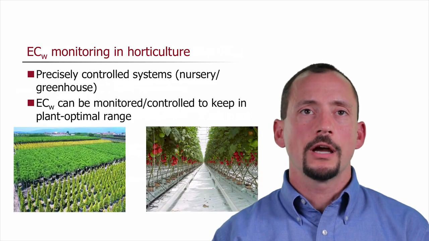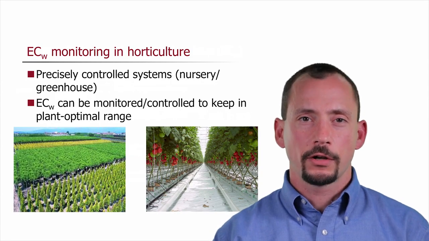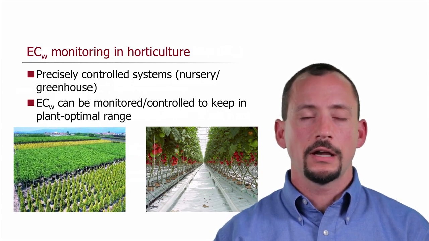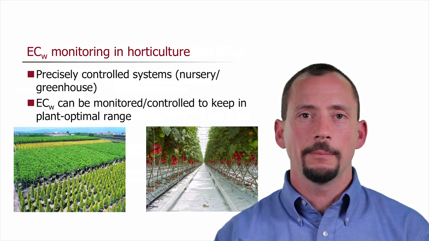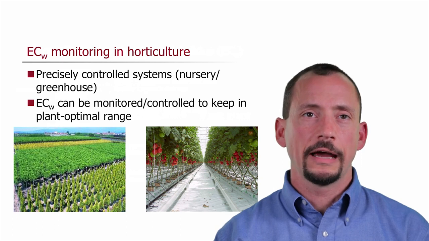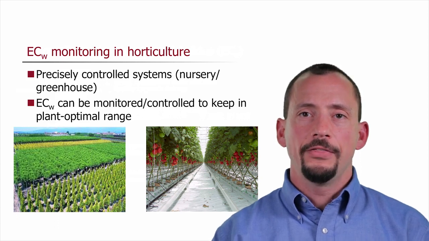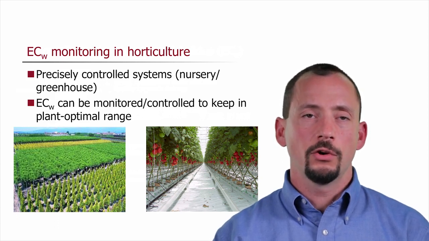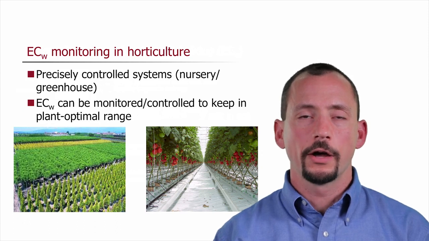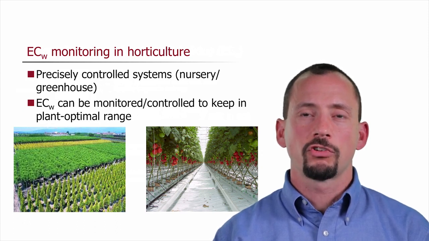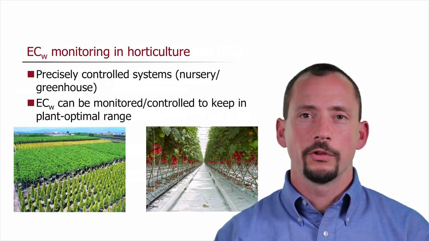It is also pretty common in the horticulture industry and the high dollar cropping and intensively managed cropping systems, for instance, nurseries and greenhouses, to measure the soil water EC, or in this case, the substrate water EC, to make sure that that electrical conductivity is in the optimal range for the plants.